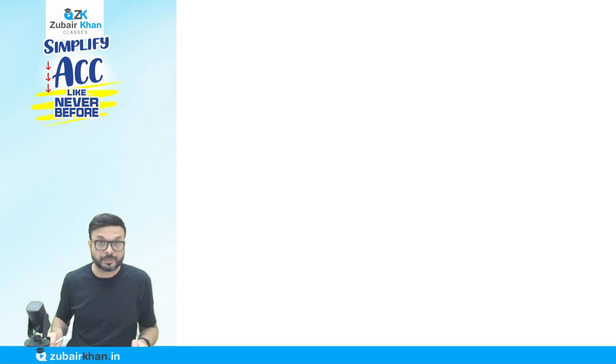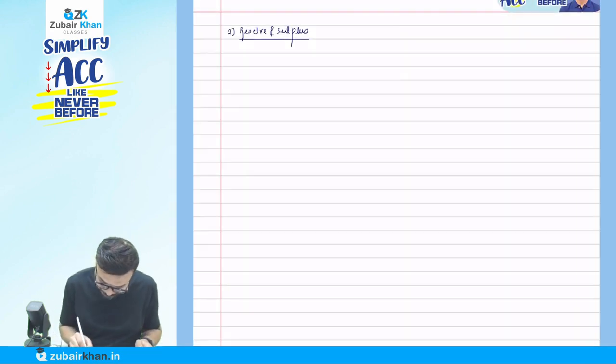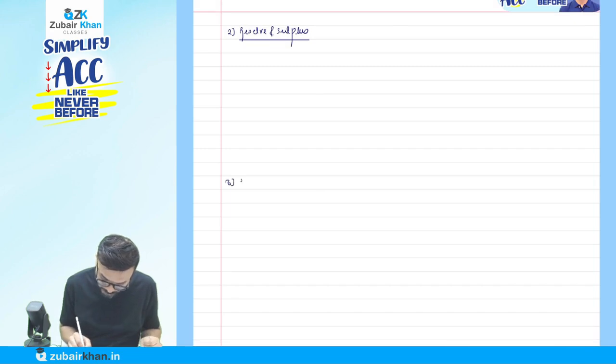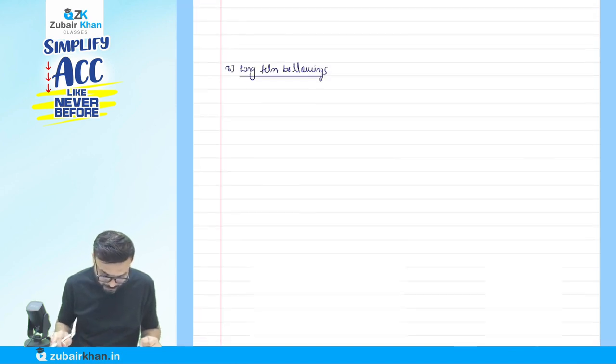Then, reserve and surplus. Keep a space of 8-10 lines. Then third, long-term borrowings. Keep a space of 3-4 lines.